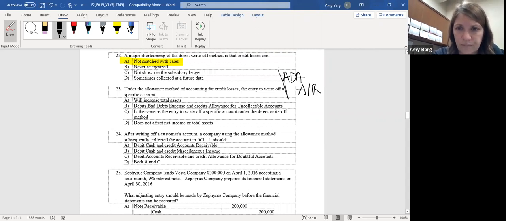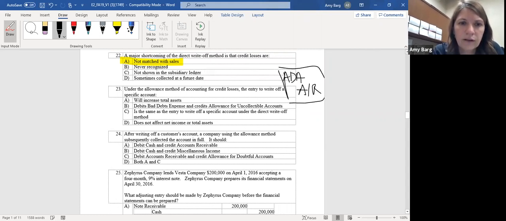This is what we do. So the first answer, will increase total assets. So that's not true. When we write off an account, you would kind of think that it's going to decrease assets, but actually that's not going to happen either.